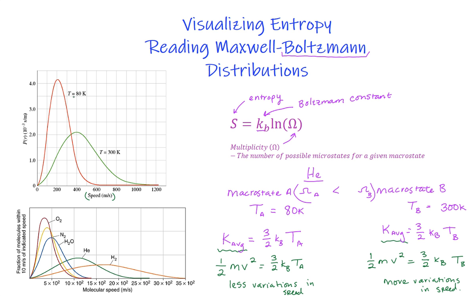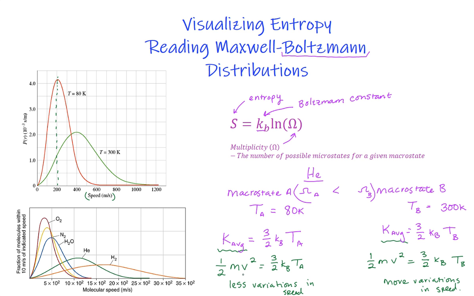So here I have temperature 80 Kelvin, that's temperature A, and over here I have temperature B, which is at 300 Kelvin. And if I compare the two of these, what I'm seeing is that most of the particles in the system at temperature A are moving, it looks like, around 200 meters per second.